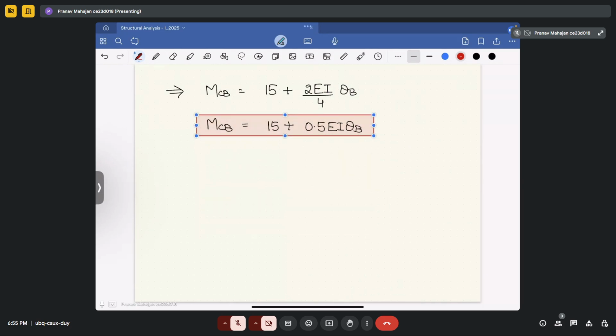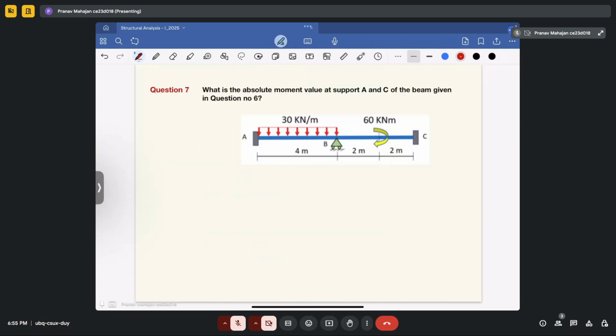Okay, now let's see what other question is telling you. So your next question is the extension of the previous question only. In this, it is telling you to determine the absolute moment value at the support A and support C of the given beam.